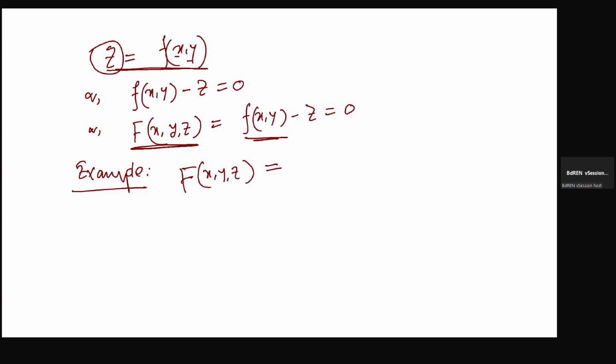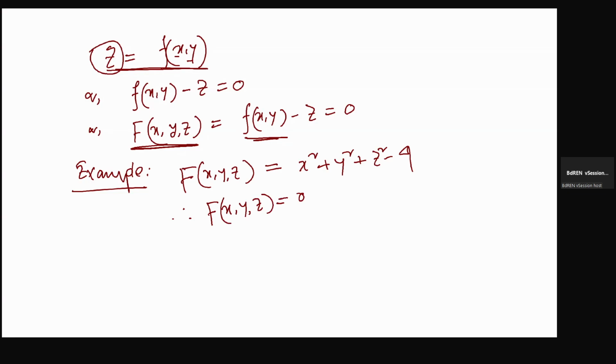Okay, so let f of x y z equal x square plus y square plus z square minus 4. If we want to find the level surface, we set f of x y z equal to 0.